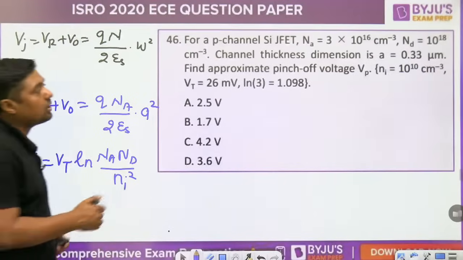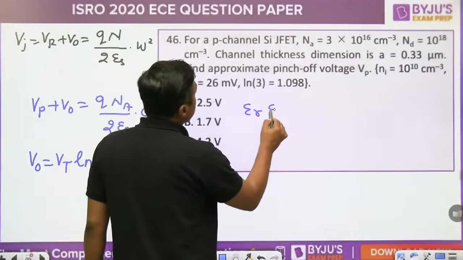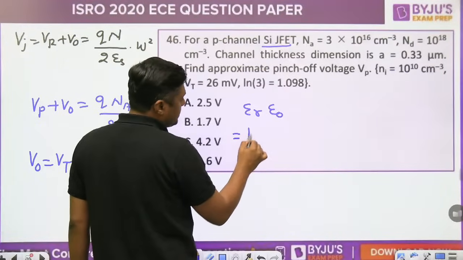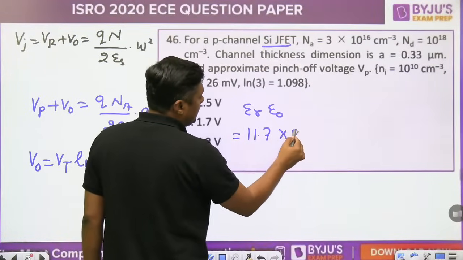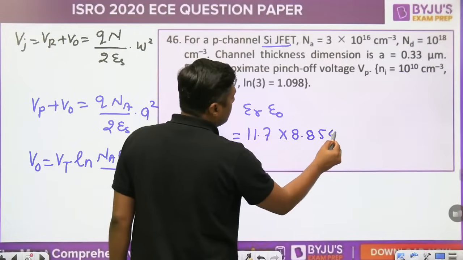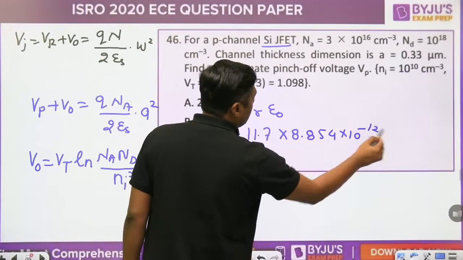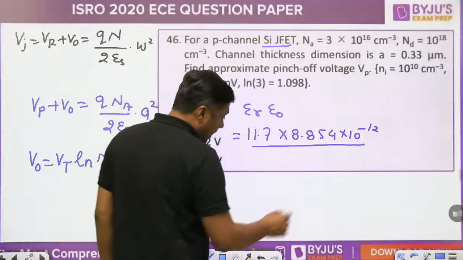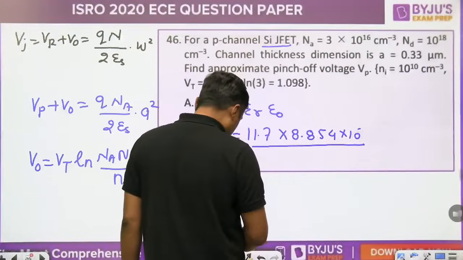Epsilon s means epsilon r into epsilon naught. Silicon is given, so you can use 12 or 11.7 for that. 8.854 into 10 raised to power minus 12 farad per meter, or 10 to the power minus 14 farad per centimeter.